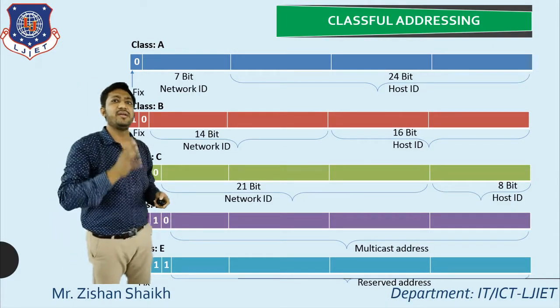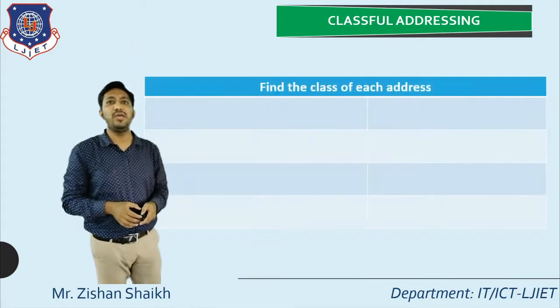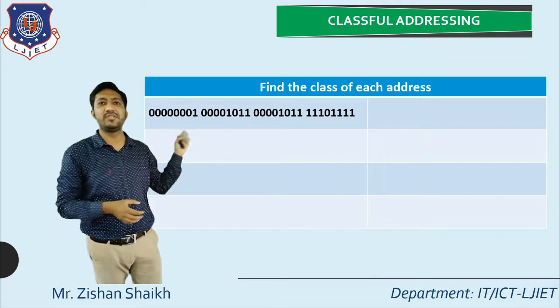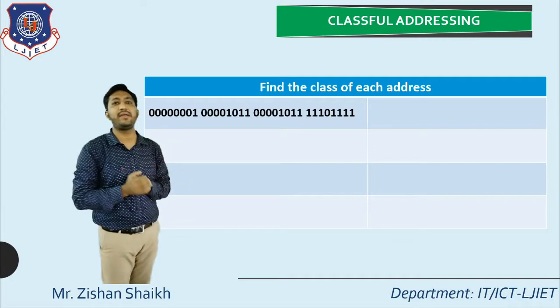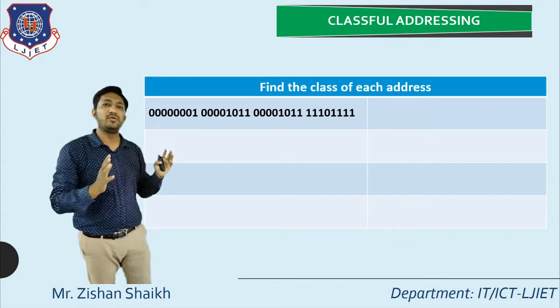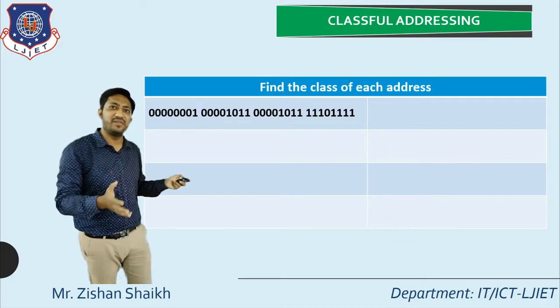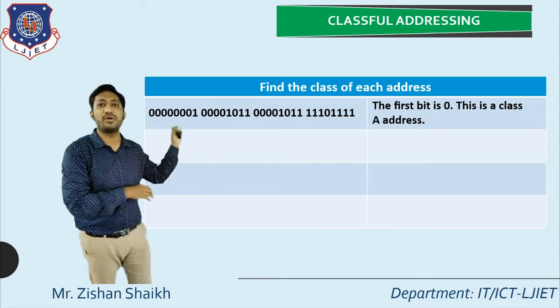Let's understand this concept with the help of an example. If a scenario is given with my IP address in binary, how can I know which class it belongs to? As discussed, we have to check the bits from the first octet.